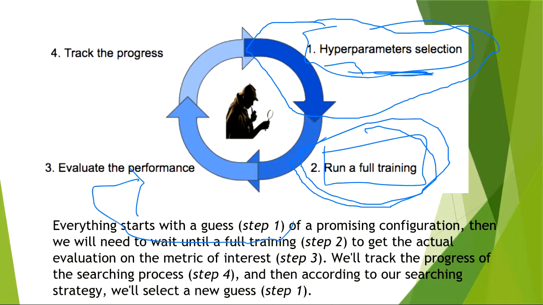Then after this we move to the third step, which is evaluating the performance. Evaluating the performance here means that we are trying to keep track of the process of searching. For example, the teacher is evaluating your progress in your assignments. That means they are keeping track of whatever work you are doing.